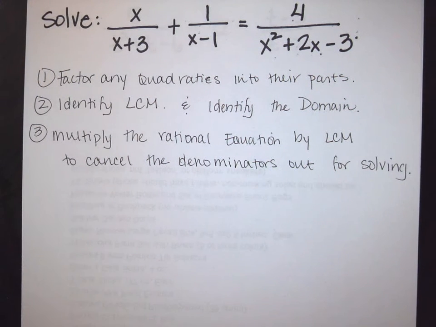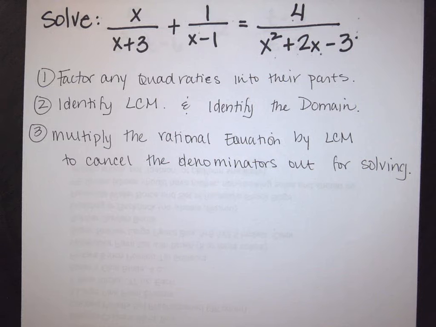Because this is an equation, we can simply multiply by that least common denominator and remove all of the fractions and make it a straight equation.